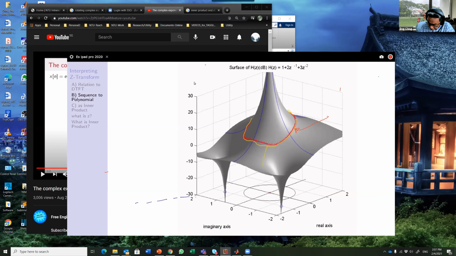And if you project it down, it will be this circle. z along this circle, when we bring it up, is this red line along this surface. Okay, and we're very interested in the values along this circle for H of z. So this H of z, this one is this one for this surface.